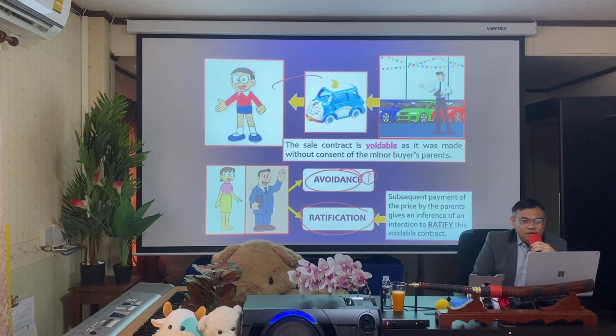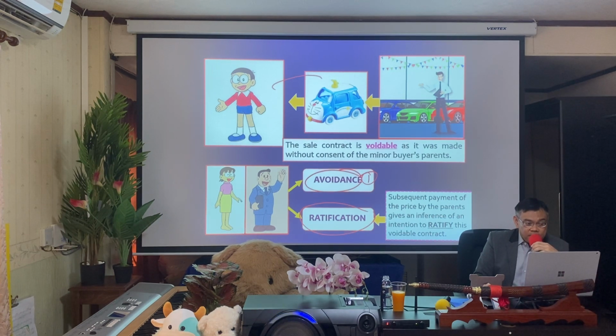The reason why the law requires that the minor can enter into a juristic act only upon consent of the legal representatives, or in the case of a minor, from the parents, is because the law wants to protect the interests of the minor. The minor is not careful enough. The minors may be so careless.